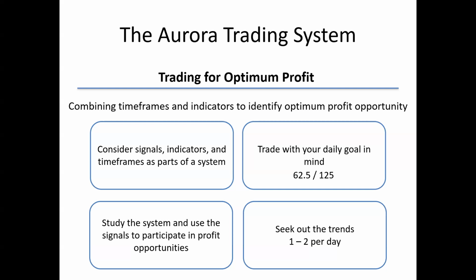Historically, there are almost always 1 to 2 trends per day. And what we have continued to evolve and enhance with the Aurora trading system is the best ways to identify those trends, as well as improving our guidance on how to stay in those trends.